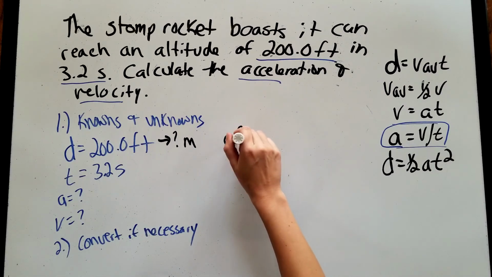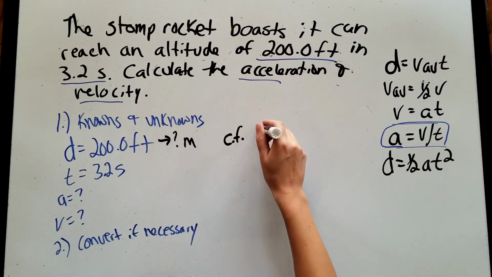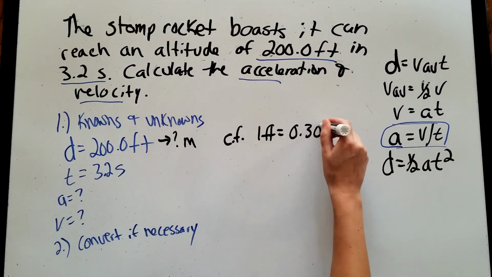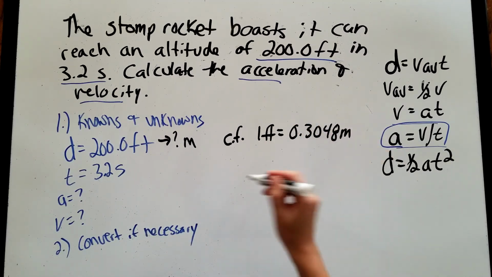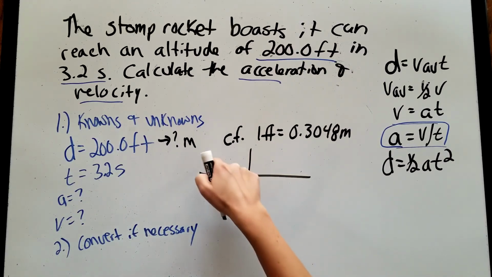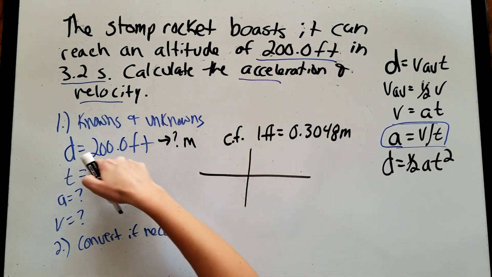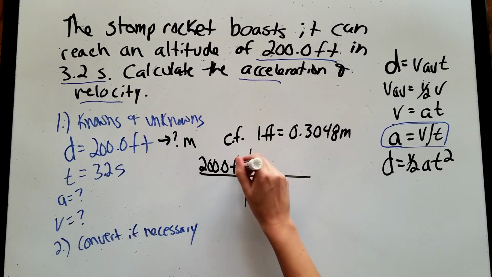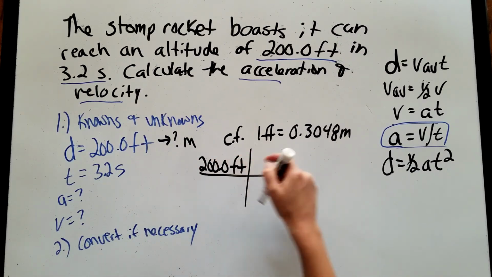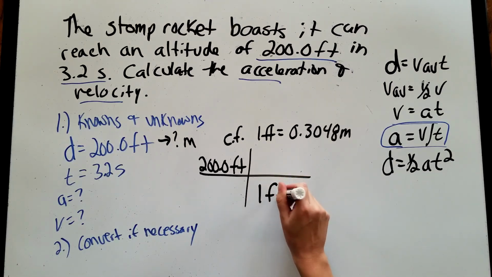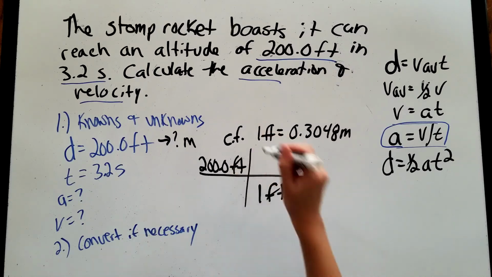Let me write that here. The conversion factor is 1 foot is equal to 0.3048 meters. Do my little railroad tracks. What's going to go here? The number I'm trying to convert. Then my conversion factor goes here, making sure I put the feet on the bottom, on opposite sides of the horizontal line, so feet cancel.